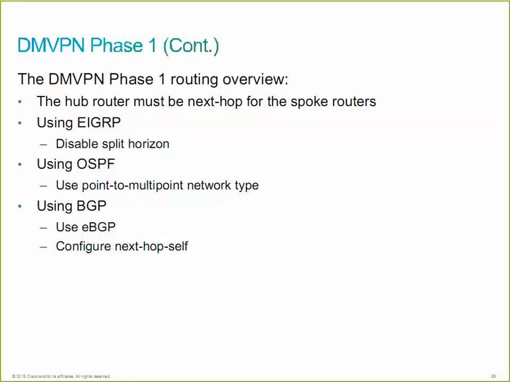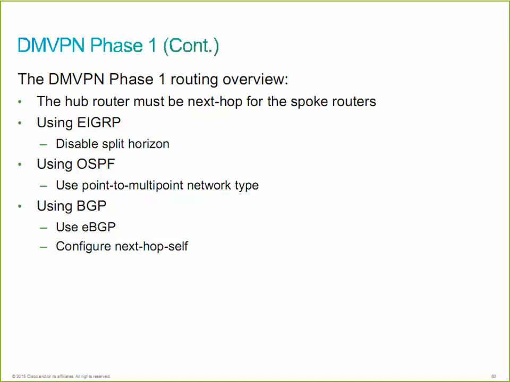If we're using OSPF, we don't have the issue of split horizon because OSPF doesn't use the split horizon concept. But we have to use a point-to-multipoint network type on the hub router, and even the spoke router, by the way. I don't know if you guys remember this from the CCNP class, dealing with these different network topologies or network types that OSPF uses.